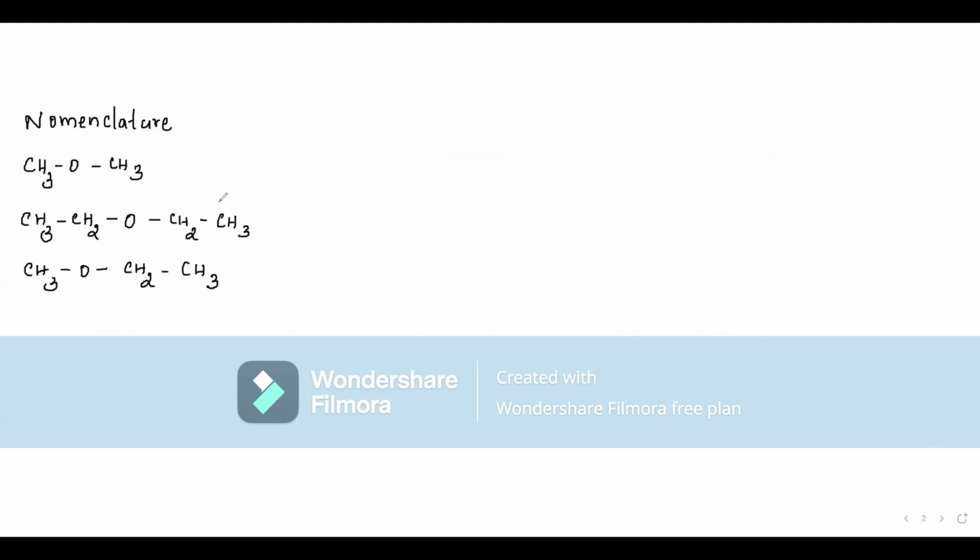Regarding the nomenclature, these are the only three compounds that we need to learn the names of as per ISC. The first example here, CH3OCH3. In the common system of nomenclature, you will have to write the names of both the alkyl groups.